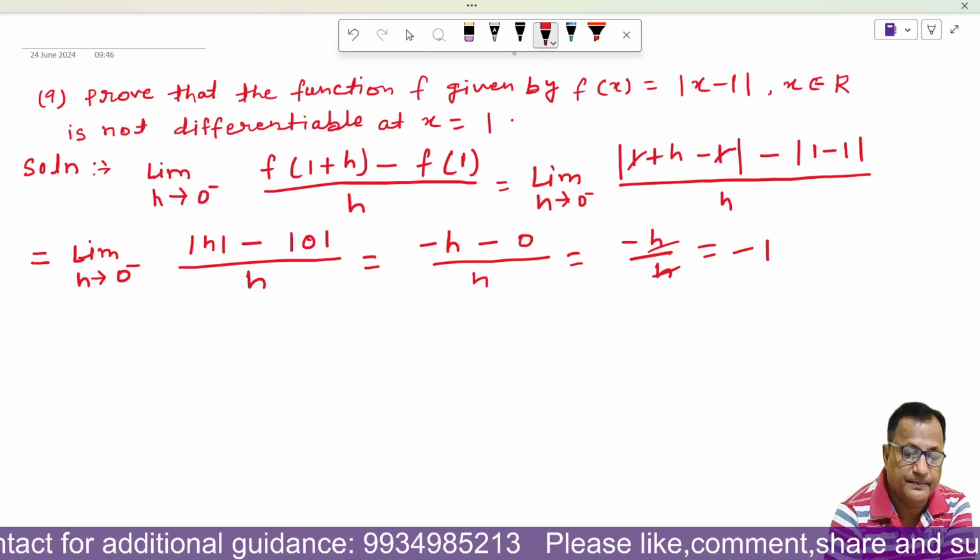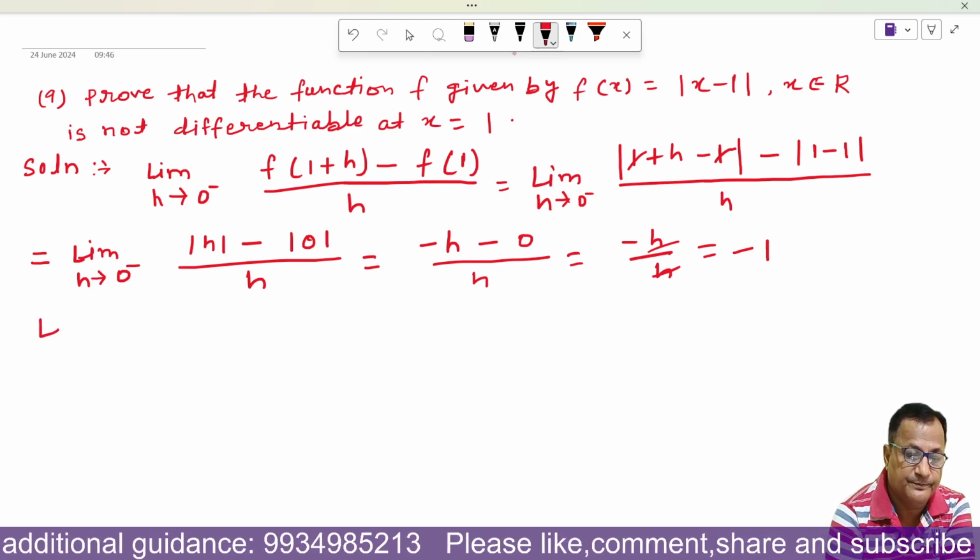Now we will find the right hand derivative.